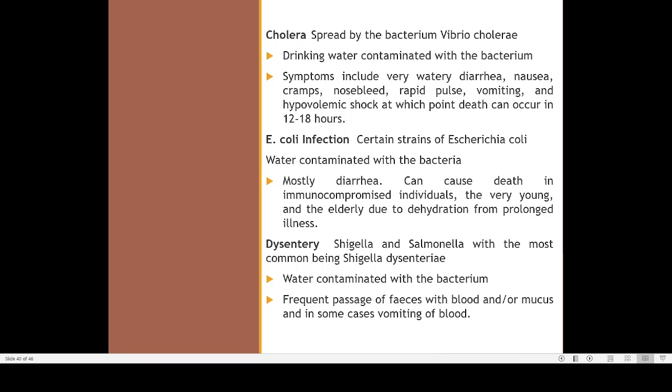If there is an earthquake, there is always a possibility of cholera outbreak. Such natural calamities will always trigger diseases like cholera. And cholera can be very easily treated.